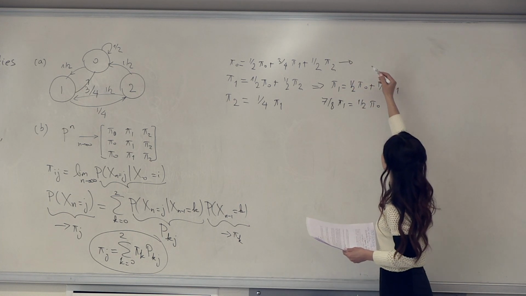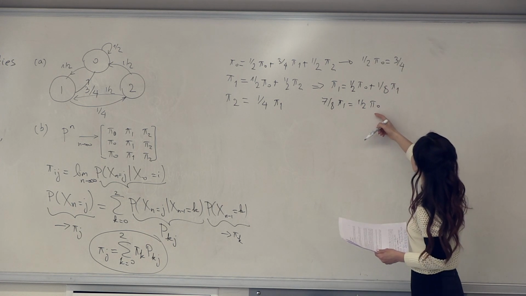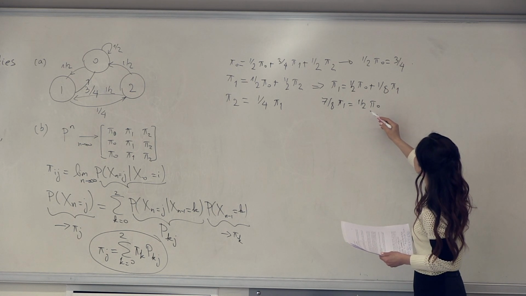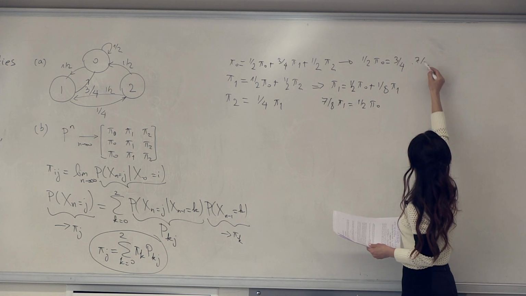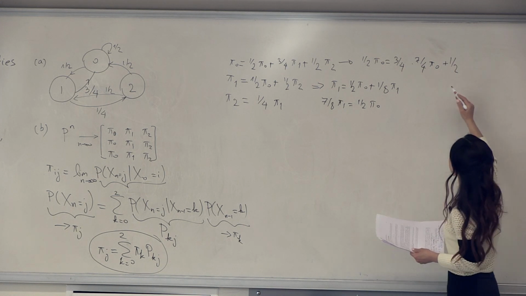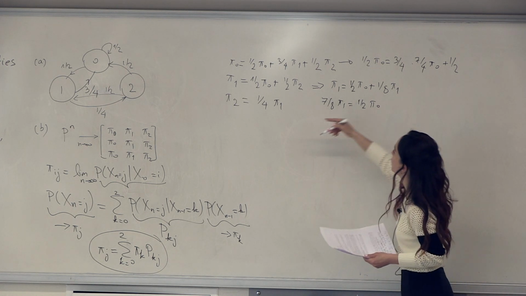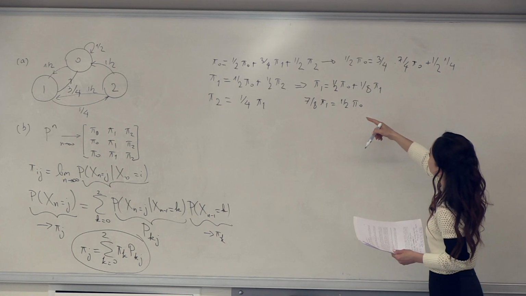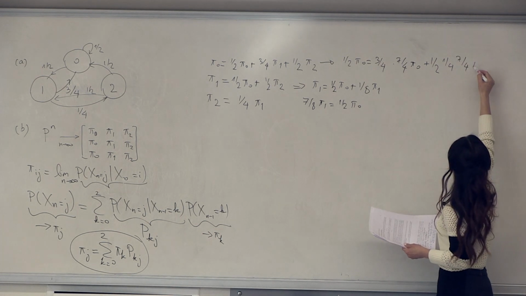What do we get? 1/2 pi 0 is equal to 3 over 4 times pi 1, but pi 1 is 7 over 4 pi 0, plus we have 1/2 pi 2. Pi 2 is 1 over 4 pi 1, but pi 1 is 7 over 4 pi 0.